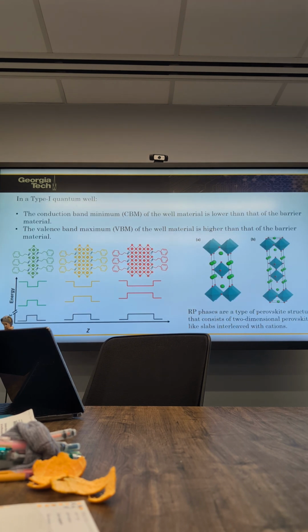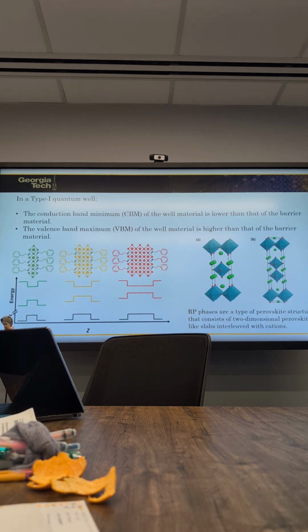Here it's a better thing to understand. These are natural quantum wells. If you notice, in all of these cases we have a type 1 quantum well, where the cations work as a barrier.